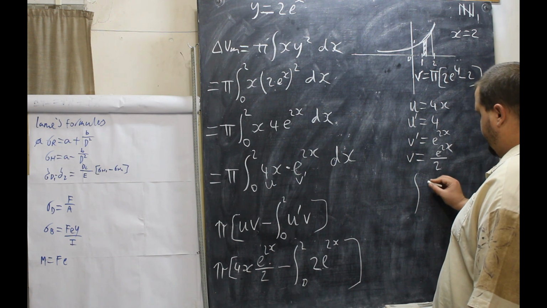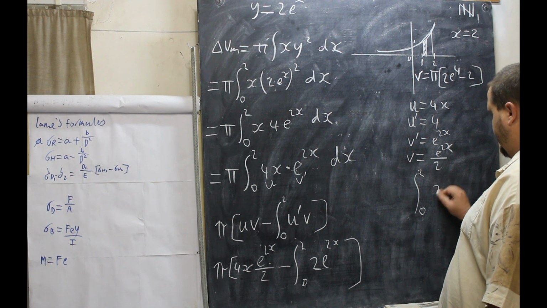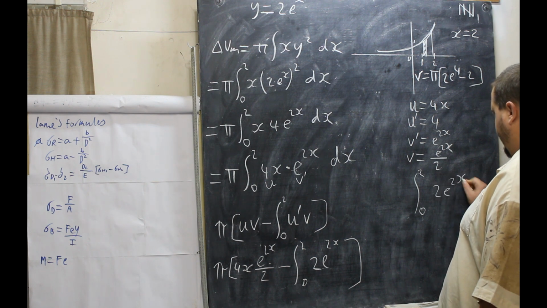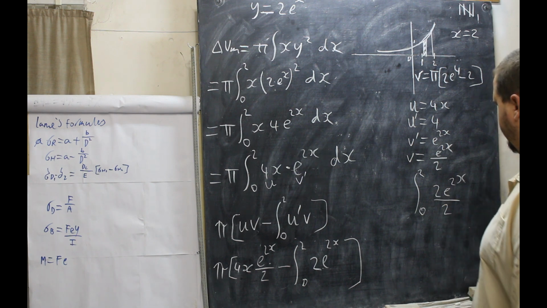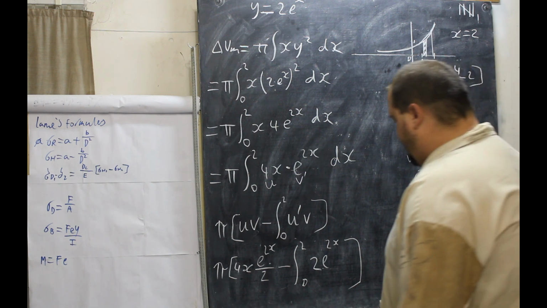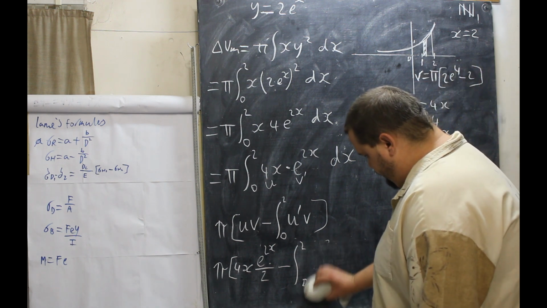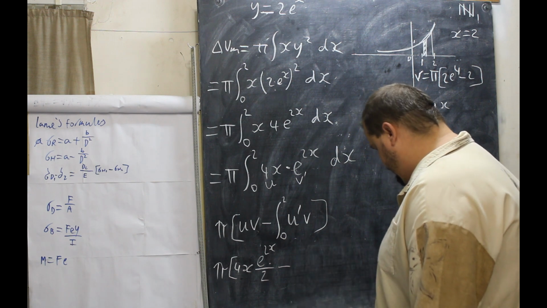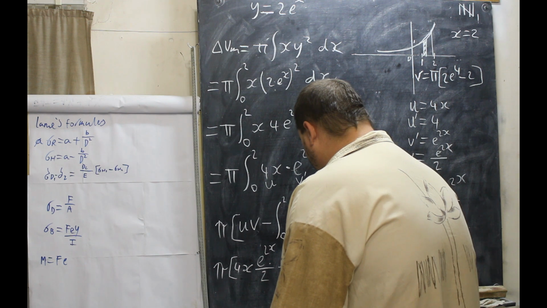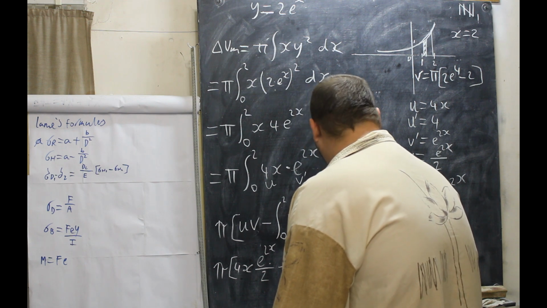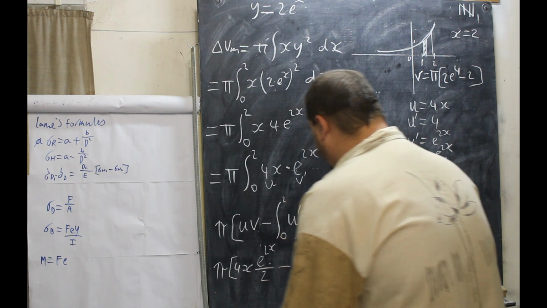The integration of 2e to the 2x is 2e to the 2x over 2, which is e to the 2x.